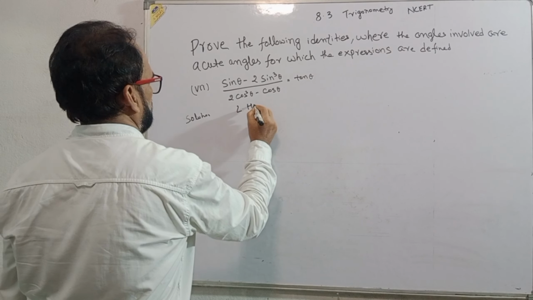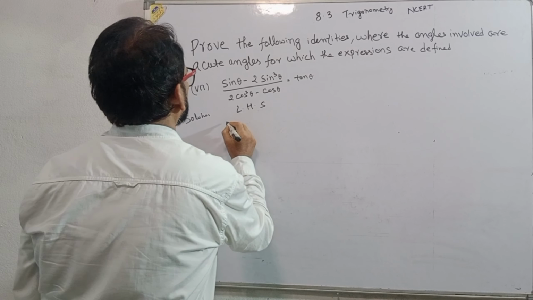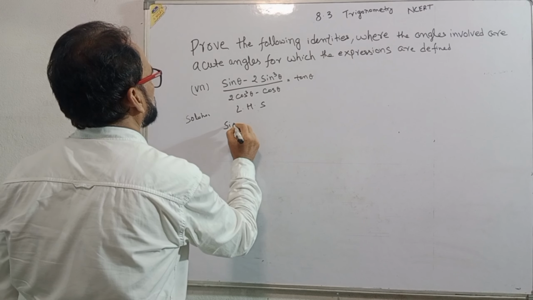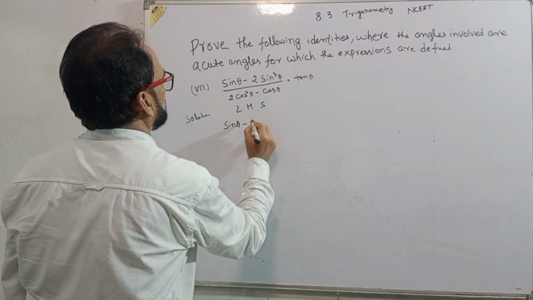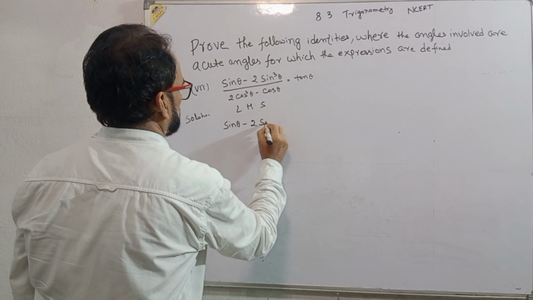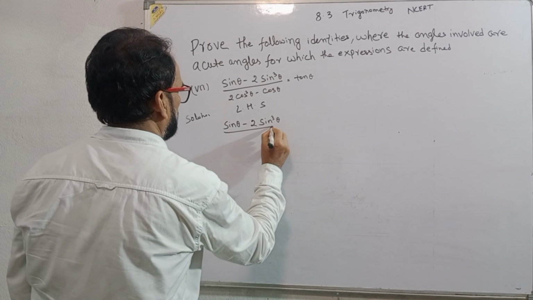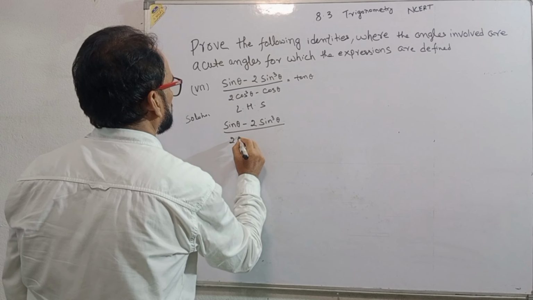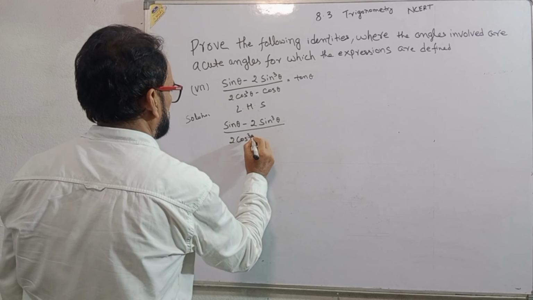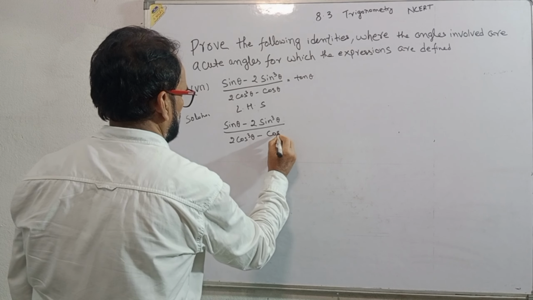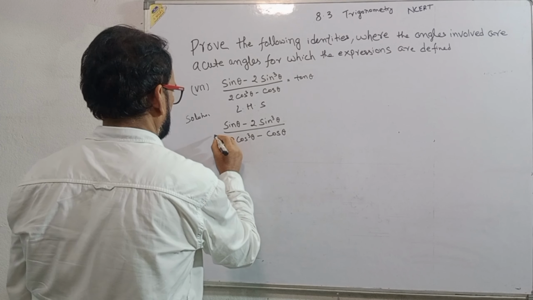LHS, left hand side: sin theta minus 2 sin cube theta divided by 2 cos cube theta minus cos theta.